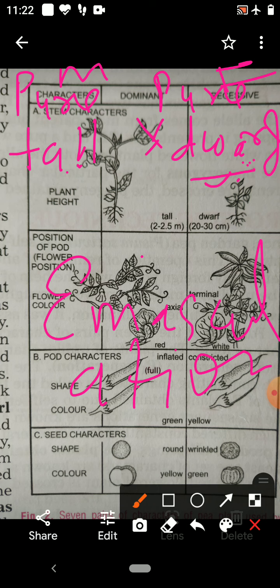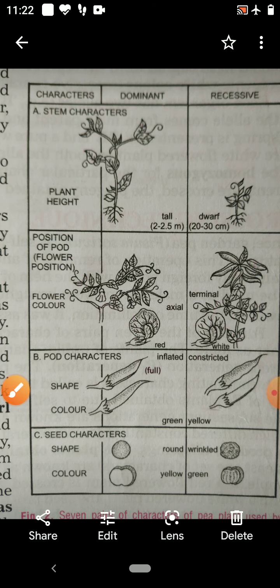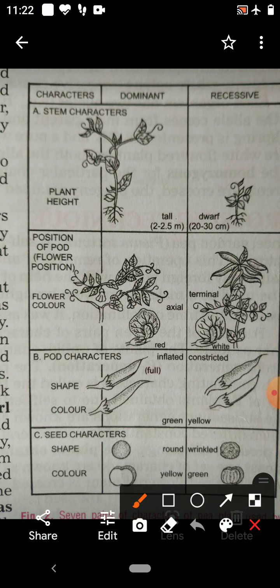After that, when the stigma got mature, the anther of the pure tall plant was transferred. So there is the pure tall, their allelomorph is capital T, allelomorph is an alternative form of the gene, and this is the small t.